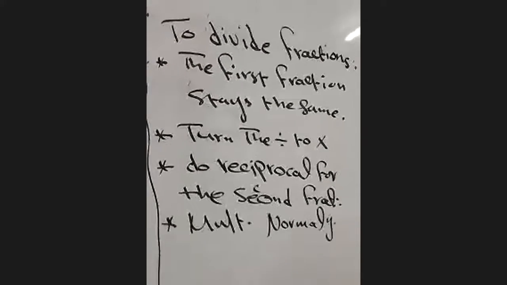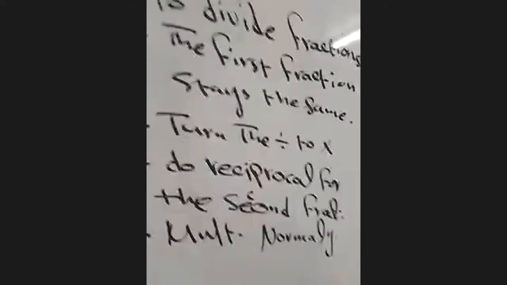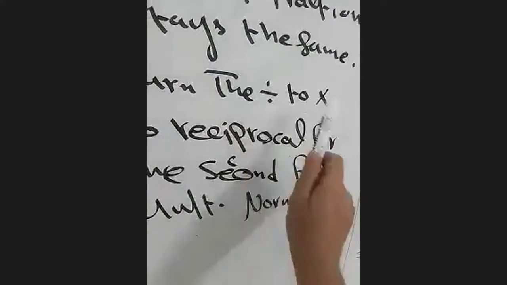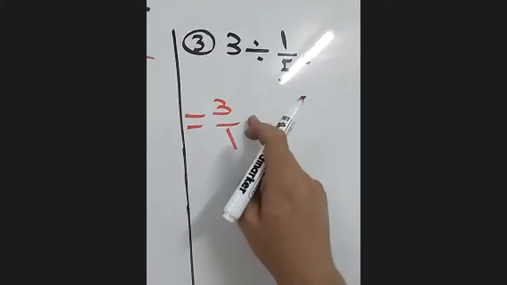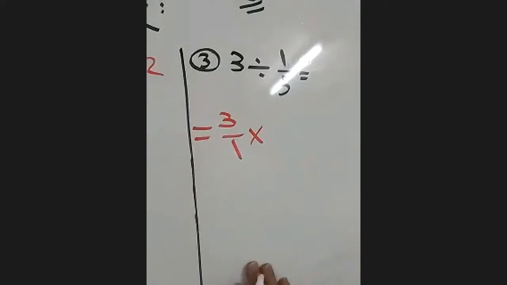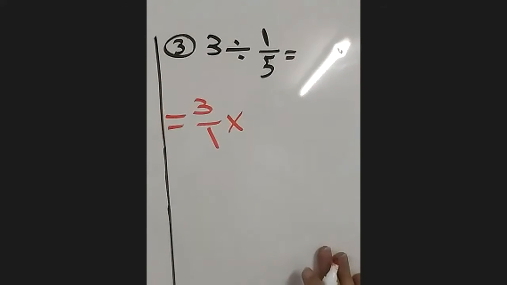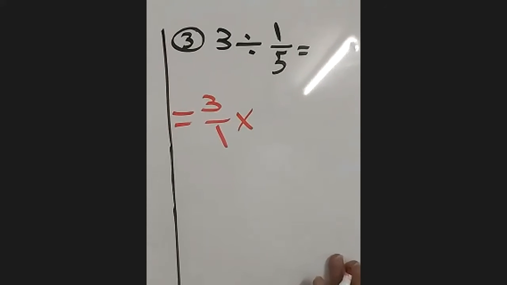Let's go to the steps. Focus. The first fraction stays the same. The second step, turn the division to what? Multiplication. Don't forget that. So the division here becomes multiplication. Now the third step is what? Reciprocal.